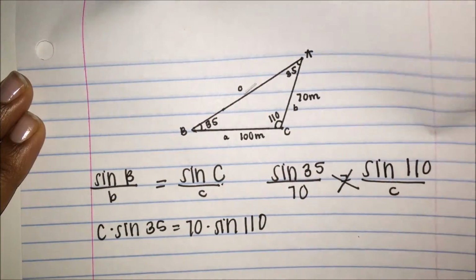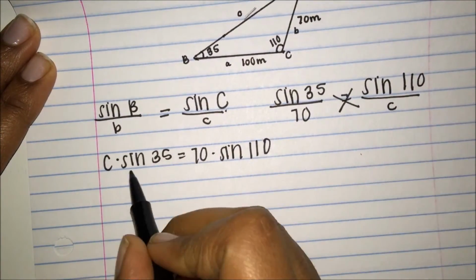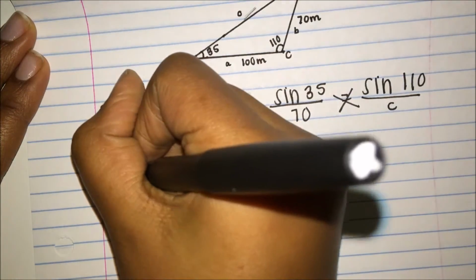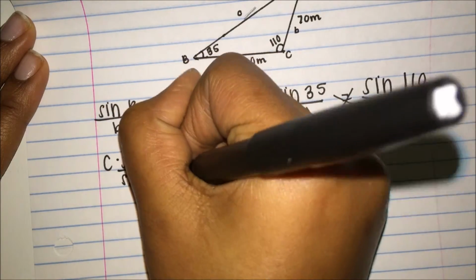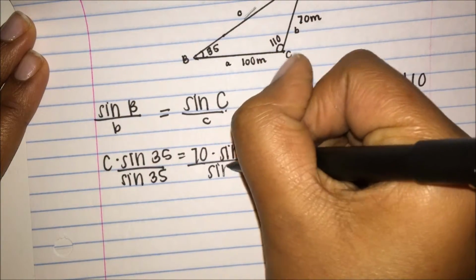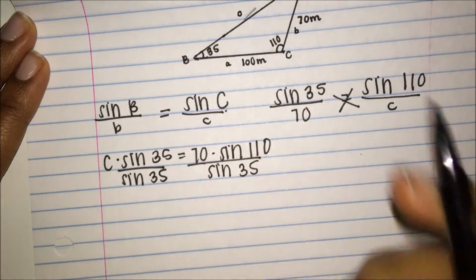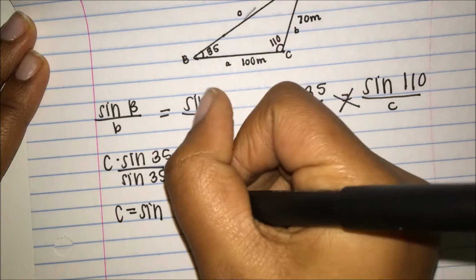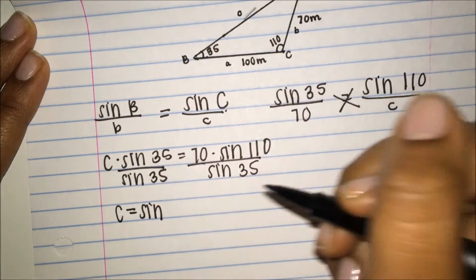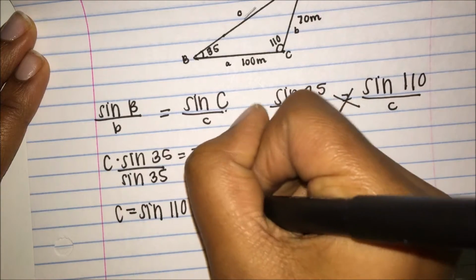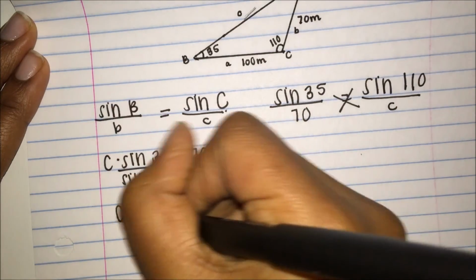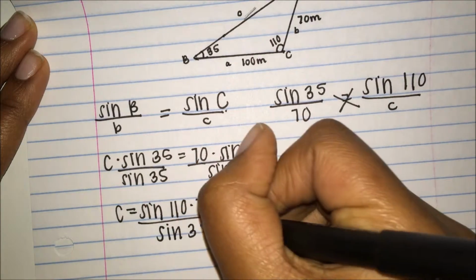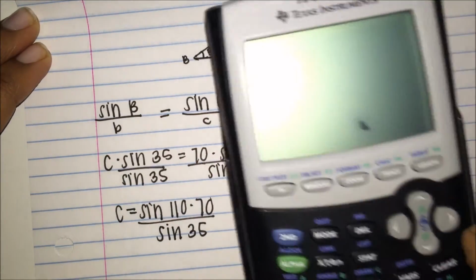And we're going to get c by itself, so we divide by sine of 35. So c is equal to 70 times sine of 110, divided by sine of 35.